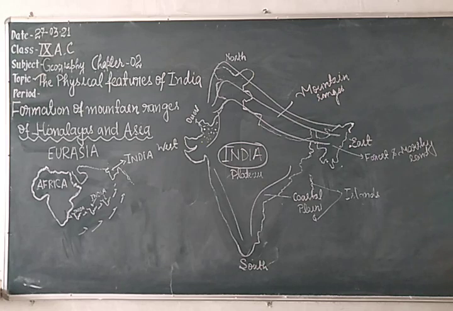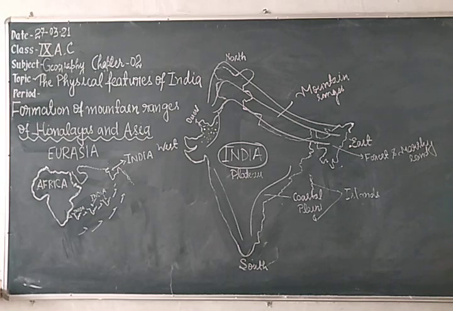So, very early on, our whole landmass, which we can see nowadays separated and divided from each other, was a single landmass, and that single landmass was known as Pangaea.